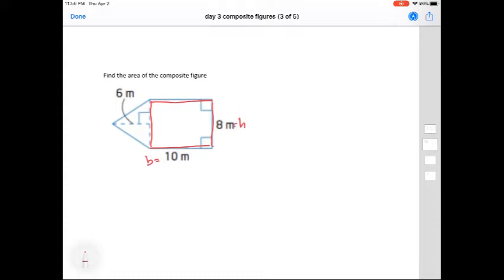And remember, this is the height and base for the rectangle, not the triangle. So the area of the rectangle, we'll call it A1, is just base times height: 10 times 8 gives us an area of 80 meters squared.